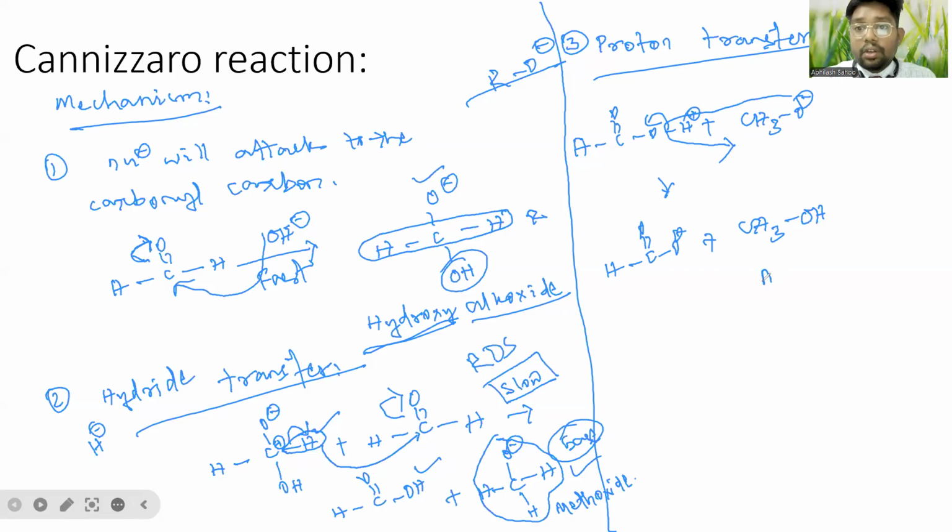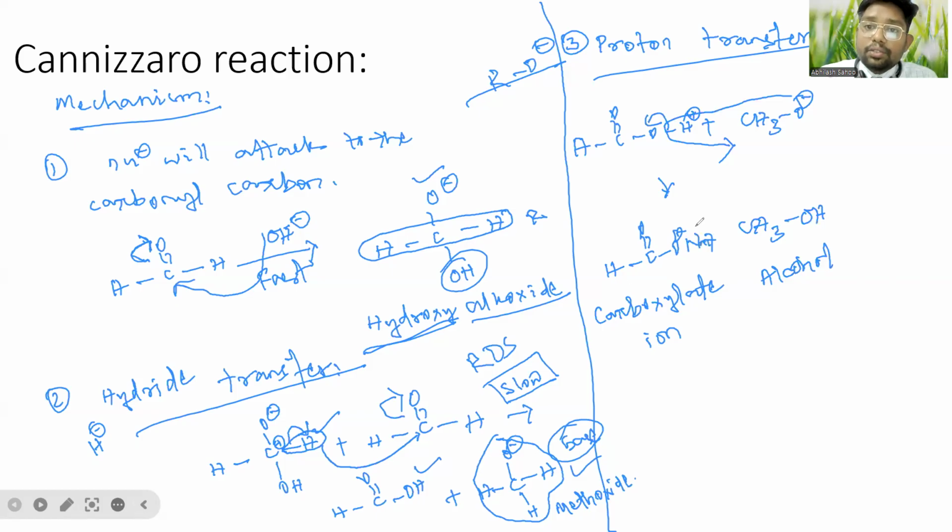So what have you got? You have got an alcohol, and you have got one carboxylate ion or anion, as the negative charge is here. And remember, we started our reaction from sodium hydroxide, so here it will be sodium formate.